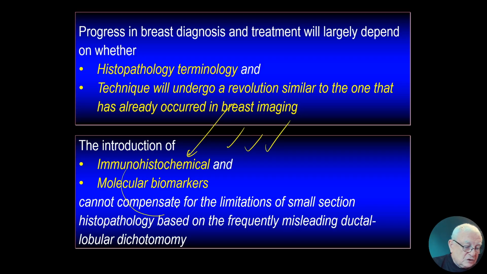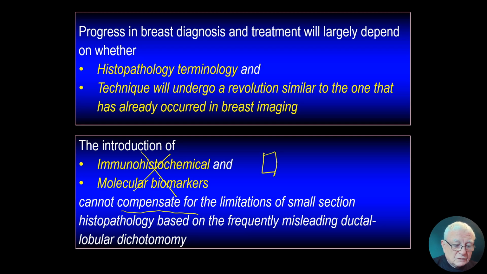And nowadays, they threaten you that this is the future, molecular biomarkers. Not many of you understand this, but let me make one thing clear. None of these can compensate for the limitations of small chopped onion type histopathology technique.